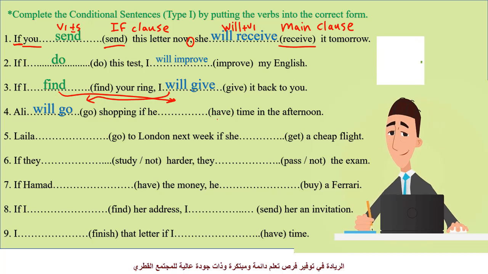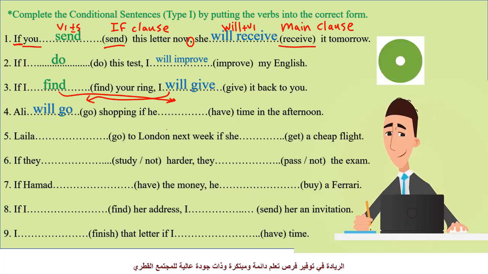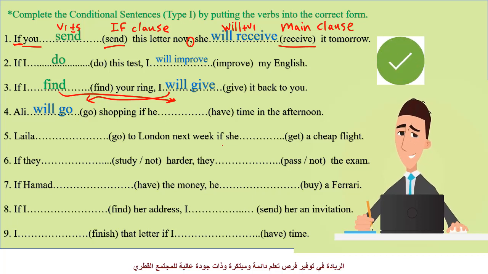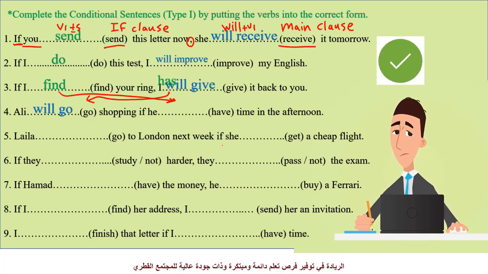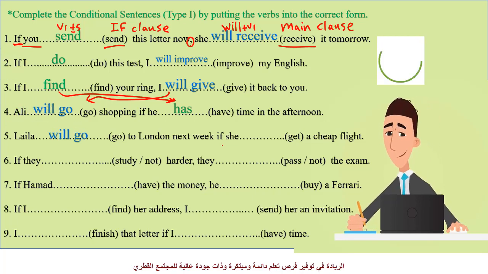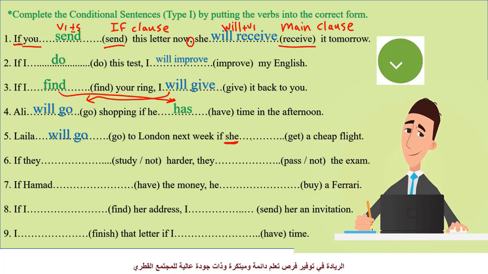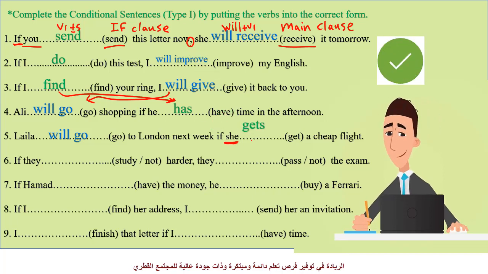The verb have is the base form, but if I wanna write it with he, because he is one of the third person singular, we have to write it as has. Layla will go to London next week if she, and here the subject is one of the third person singular, we have to add s with the verb.